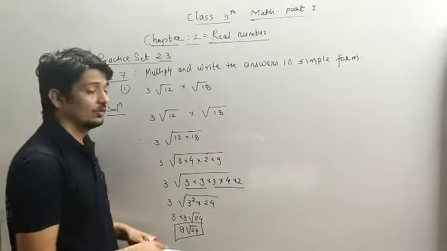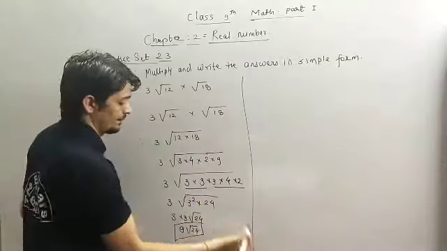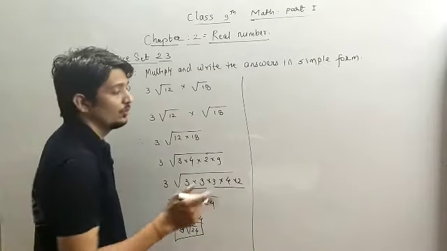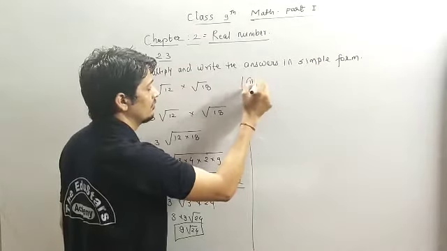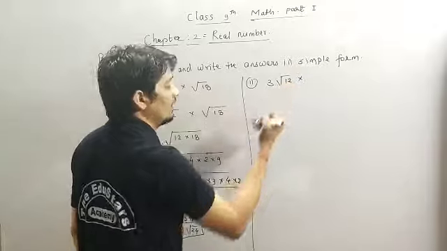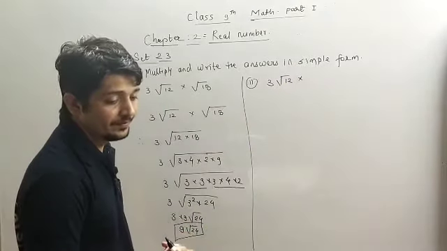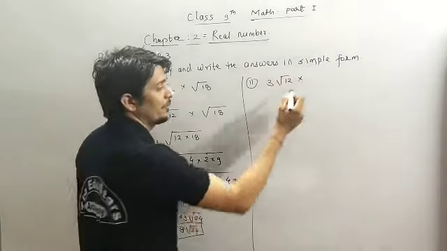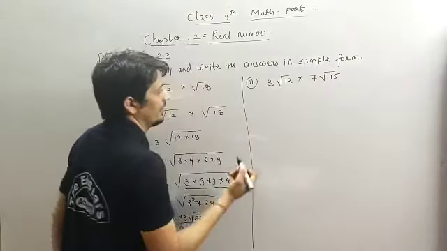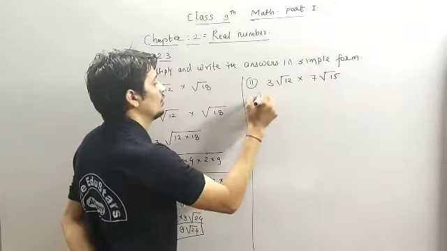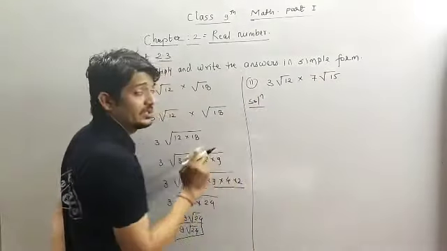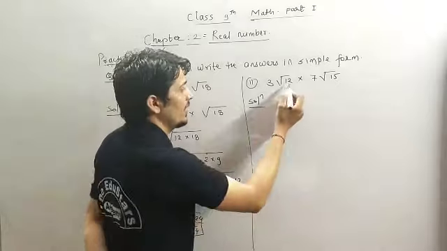Okay. Now the next question. The next question says 3 root 12 into 7 root 15. So, solution. Again the power of both roots is the same, so we can multiply them.